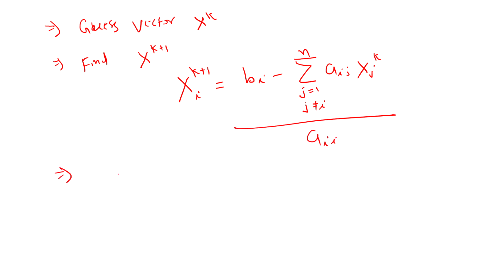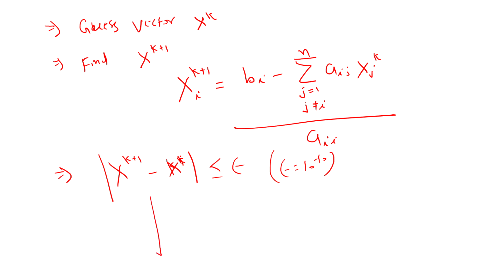The third step is to check whether the mod of x^(k+1) minus x^k is less than epsilon. Since these are vectors, we take the mod of this, where epsilon can be 10 to the power minus 10. So this can be the convergence criteria.